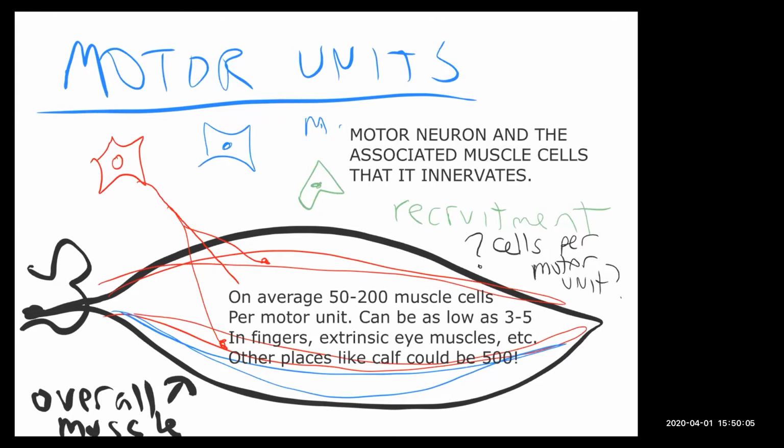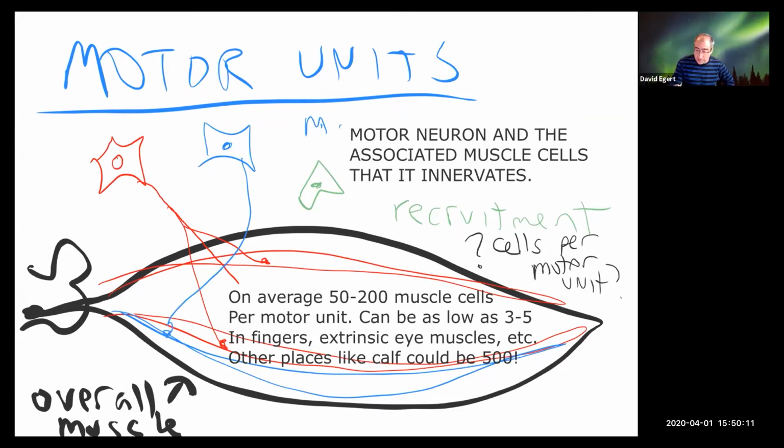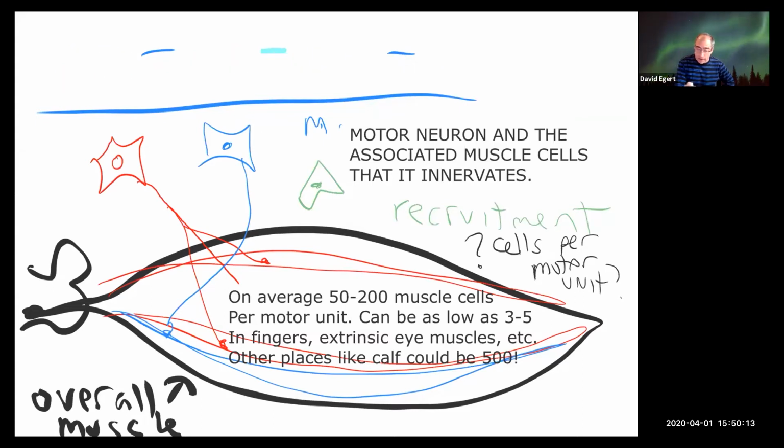They cycle through, exactly. So what happens is a process called asynchronous recruitment. All that means is, maybe this motor unit is going, and then these neurons are fatiguing.